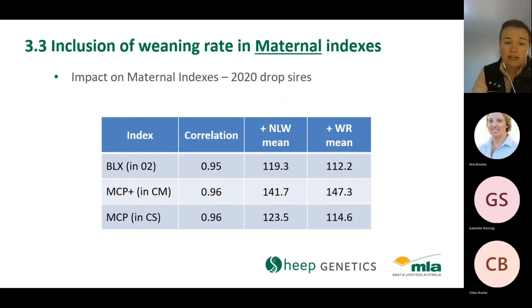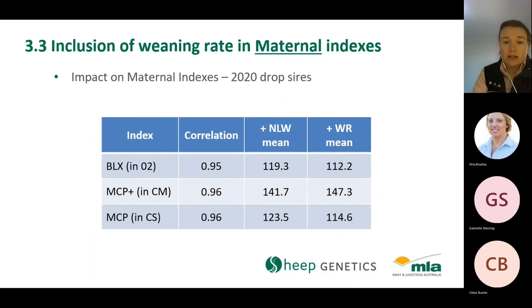In the table, we're looking at the correlation between the previous indexes, which included number of lambs weaned, and the new indexes, which include weaning rate for different indexes and different cohorts of animals. And what we can see there is we have a very high correlation. So we're not expecting to see a lot of re-ranking in our maternals by including weaning rate in these indexes.